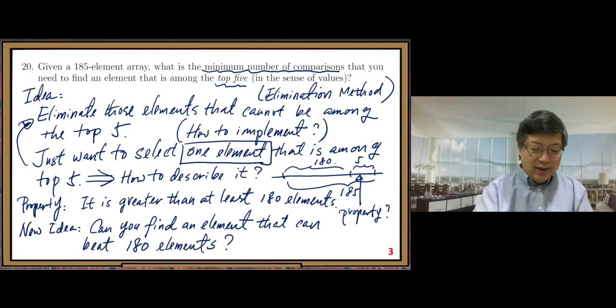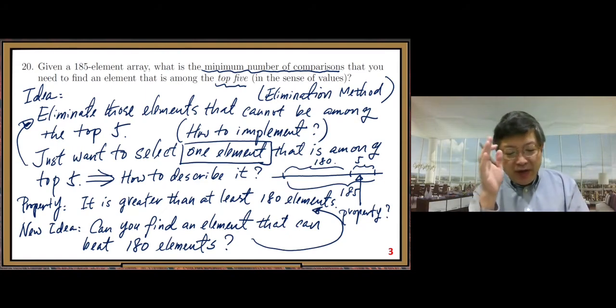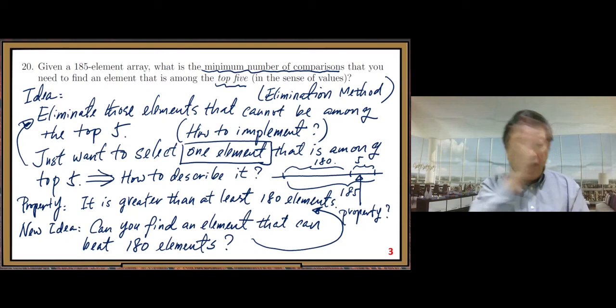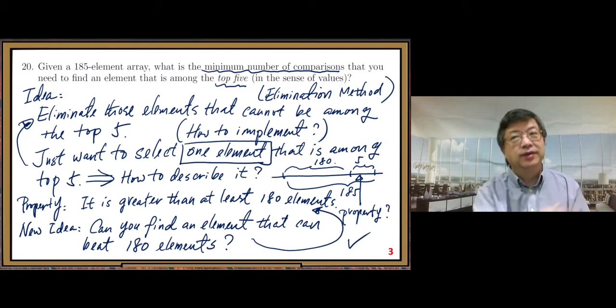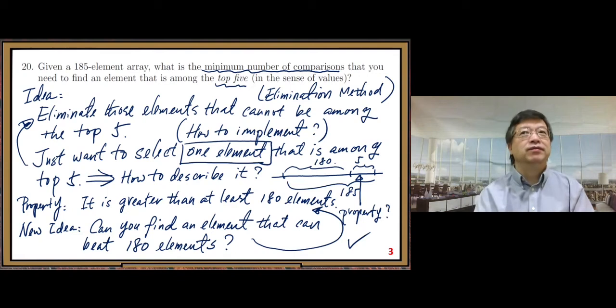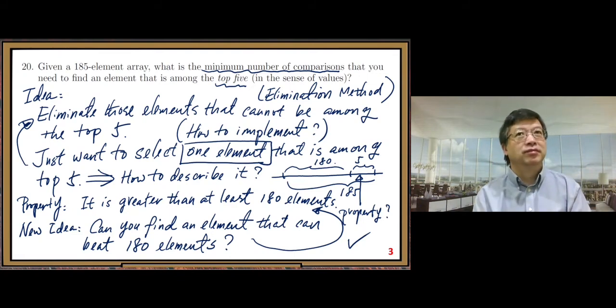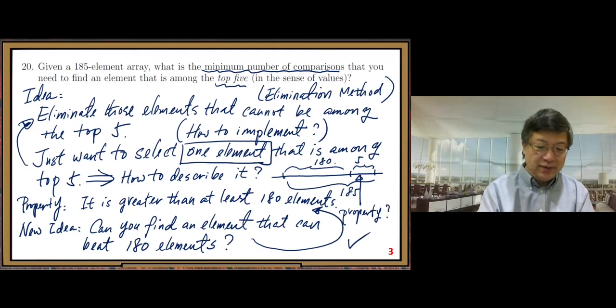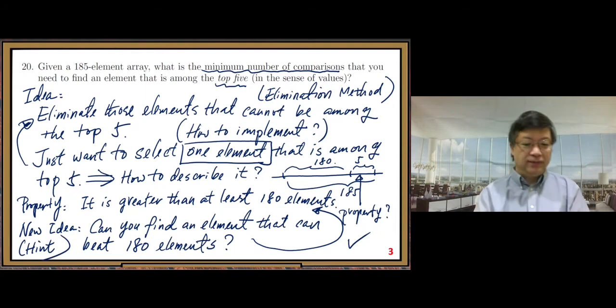Basically, we translate the property. If you find a way to do it, then you find an element among the top 5. Think about that, using the minimum number of comparisons. That's the hint for this question.